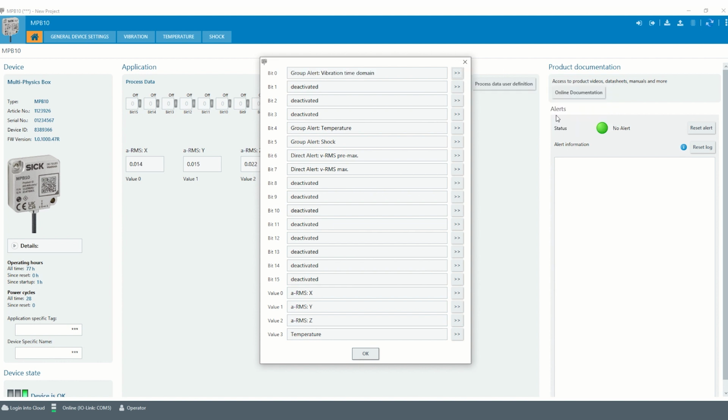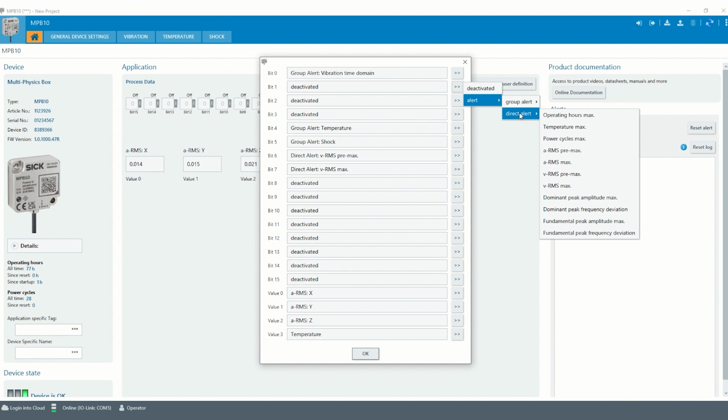Direct alerts are particularly frequently used alarm bits that can be mapped directly into the process data. Its condition corresponds to the state of this specific alarm. The available direct alarms are, for example, temperature max, A or VRMS max, and changes in the dominant and fundamental peak.